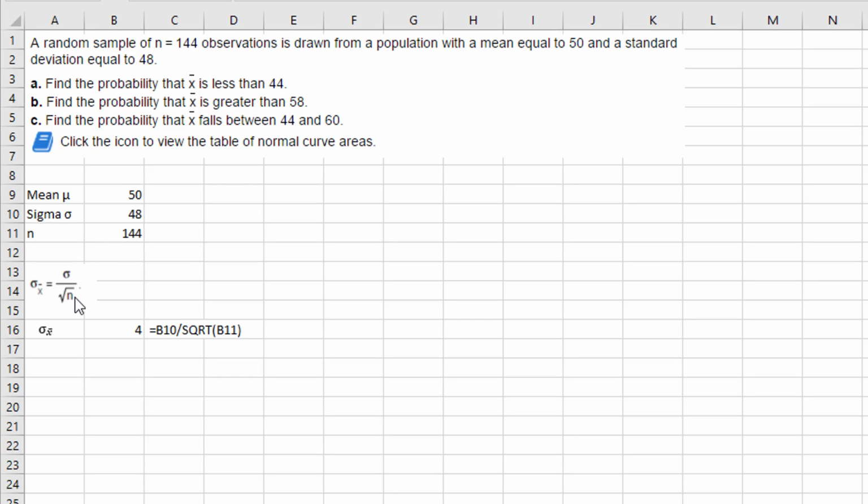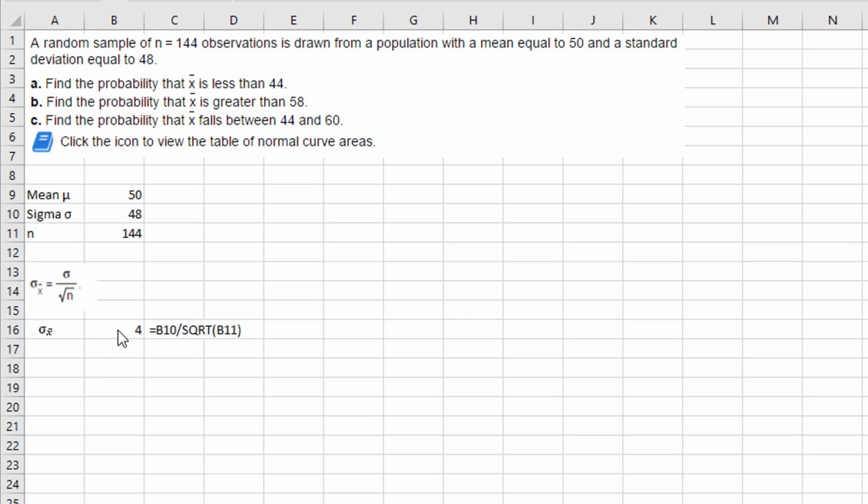Well, from the Central Limit Theorem, we know that the standard deviation of the sampling distribution of the sample mean, x bar, is equal to sigma over the square root of n, the population standard deviation divided by the square root of n, which gives us our sigma sub x bar, or again, the standard deviation of the sampling distribution.